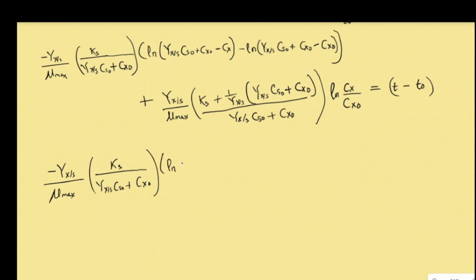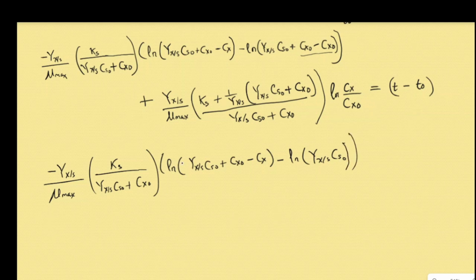We'll have natural logarithm of Yx/s Cs naught plus Cx naught minus Cx, and minus natural logarithm of Yx/s Cs naught, then Cx naught, right? So these two terms have cancelled out, so they become 0. All right, so it becomes 0.